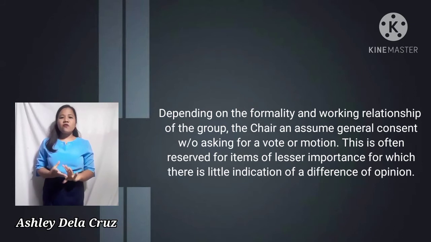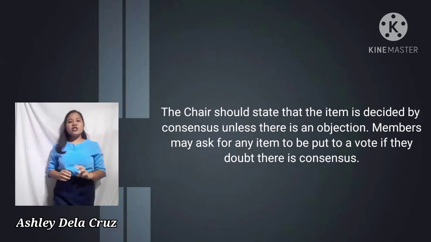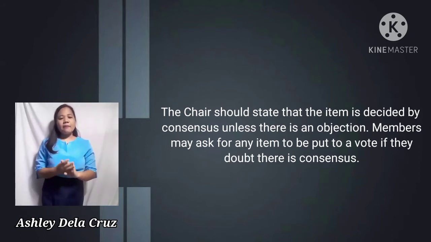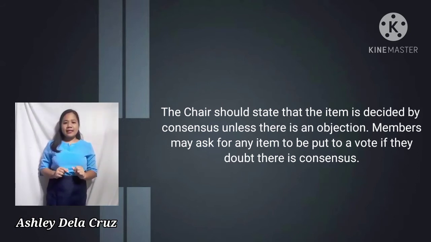This is often reserved for items of lesser importance for which there is little indication of difference of opinion. The chair should state that the item is decided by consensus unless there is an objection. Members may ask for any item to be put to a vote if they doubt there is consensus.